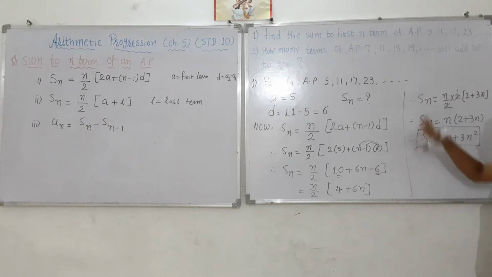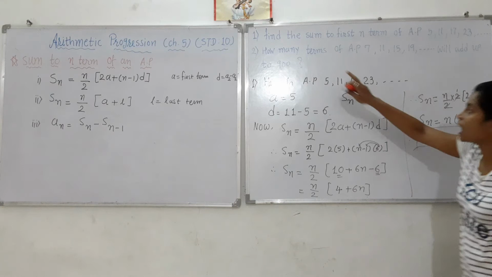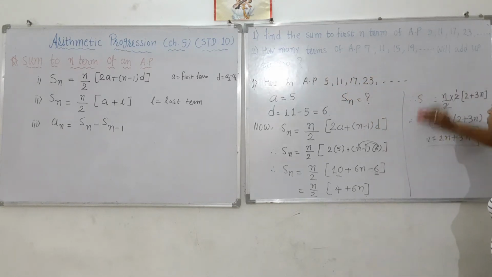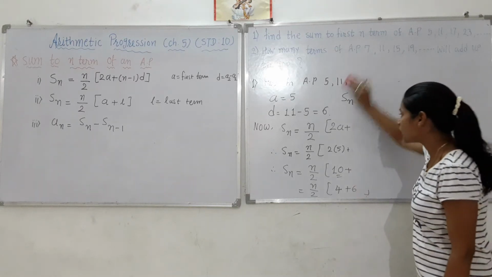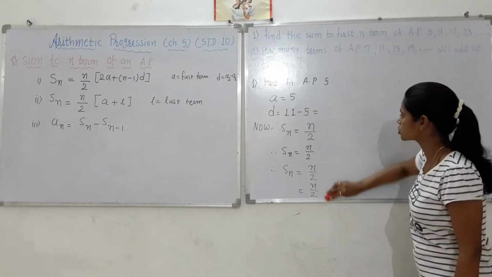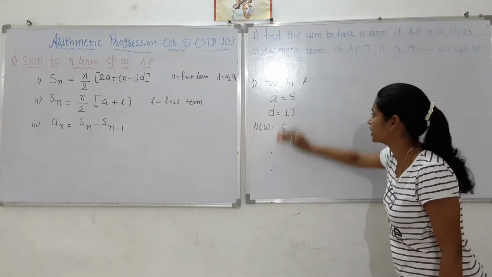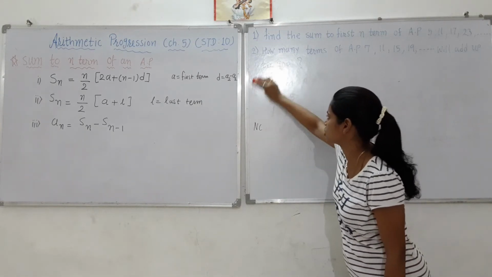Let us consider the second example. In this second example, how many terms of the arithmetic progression 7, 11, 15, 19 and so on will add up to 900? You should read the question carefully and decide what is given in your question.